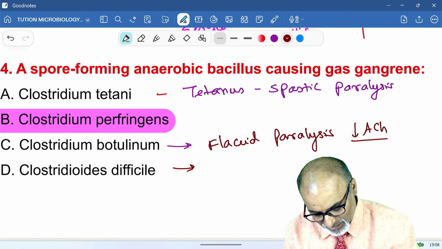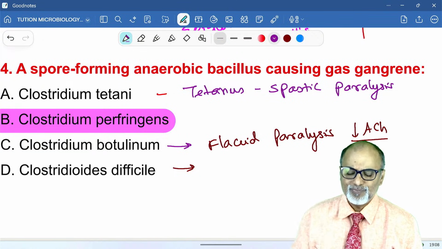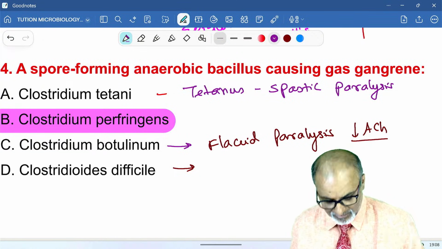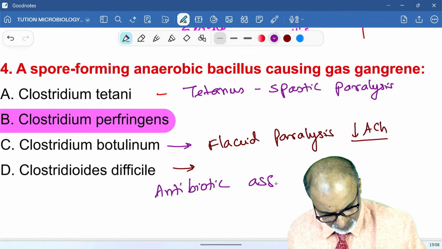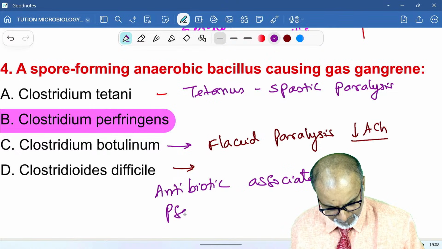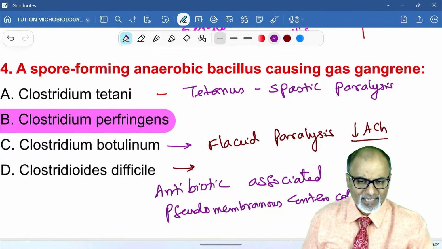That is important. Very important, my dears: if you give an antibiotic, on day 5 the person develops diarrhea. Antibiotic associated pseudomembranous enterocolitis.